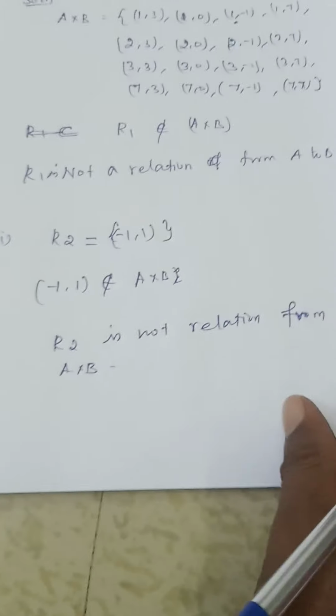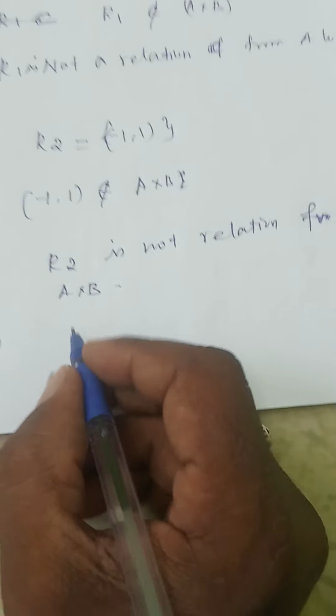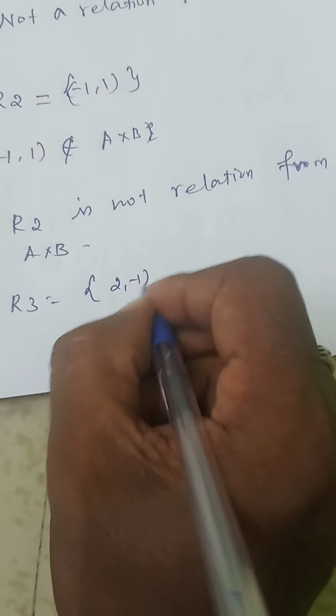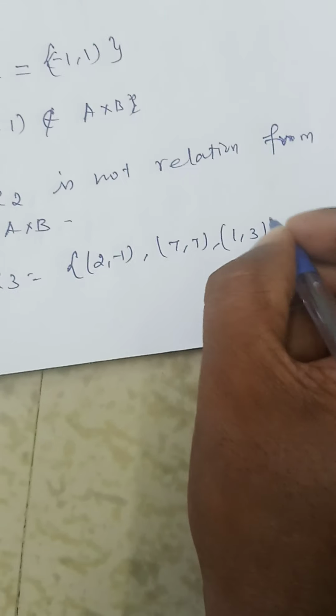Okay, then the third subdivision: R3 is equal to {(2, minus 1), (7,7), (1,3)}.